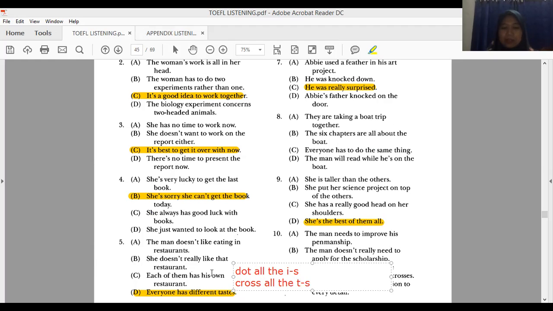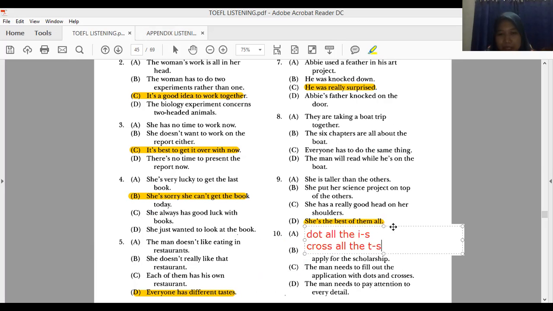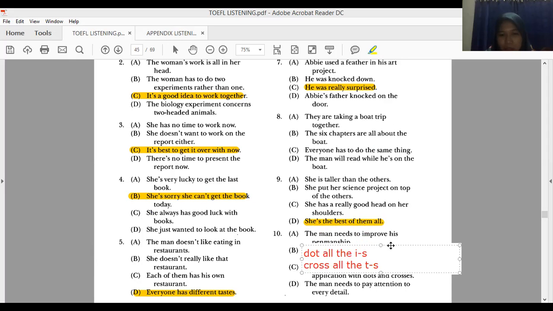Maksudnya apa? Dot all the I's. Memberi titik untuk seluruh huruf I. Huruf I kan ada titiknya. And cross all the T's. T-nya dikasih garis lurus. So the man needs to pay attention to every detail. Delta. That's correct.